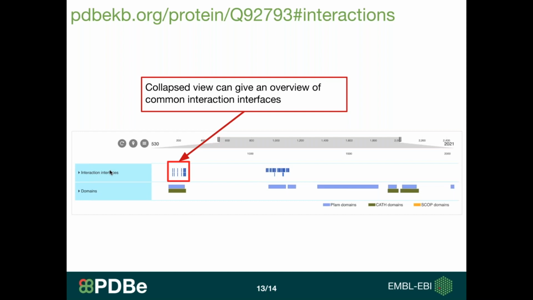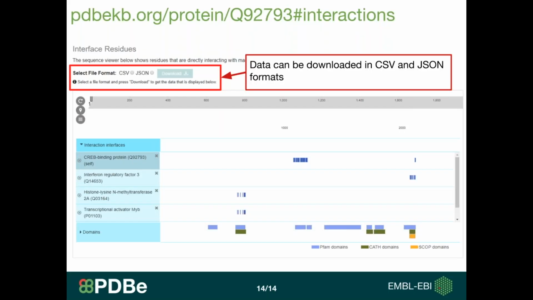If you collapse the track, then it will give you an overview of all the interaction interfaces, and you can see where you have promiscuous interfaces, residues that bind or interact with more than one partner. And if you would like to download the data that's displayed in the sequence feature viewer, you can choose between CSV and JSON formats.